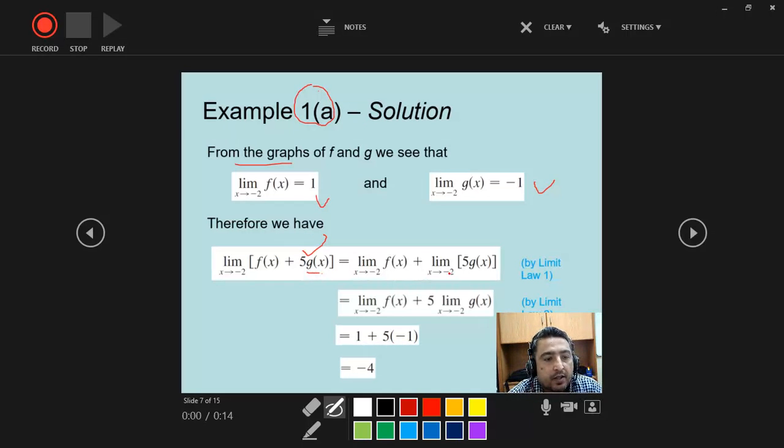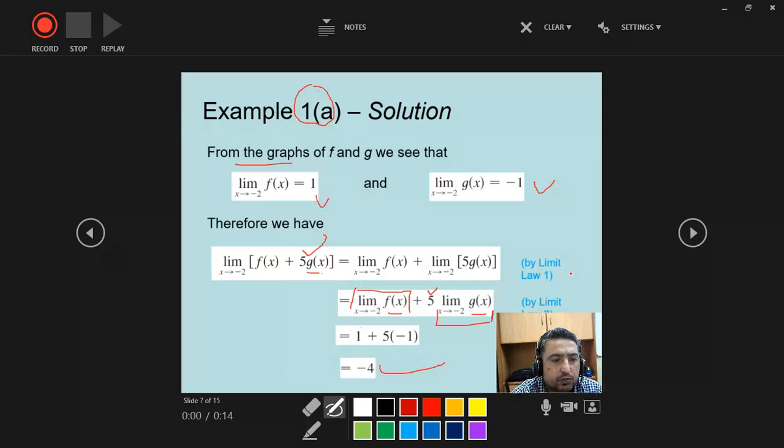We can take this out like this: the limit for f of x is 1, and the limit for g of x is -1, multiplied by 5. So in summary, it will be -4. So that's not too difficult.